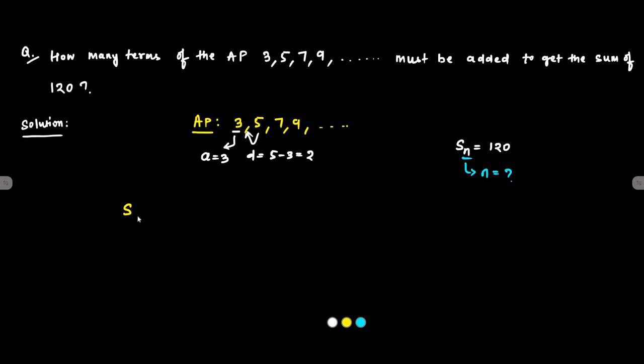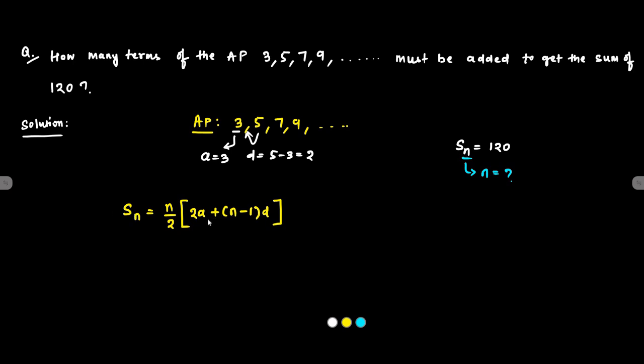So we have the formula of the sum of n terms of an AP, which is given by n by 2 into 2a plus n minus 1 into d.